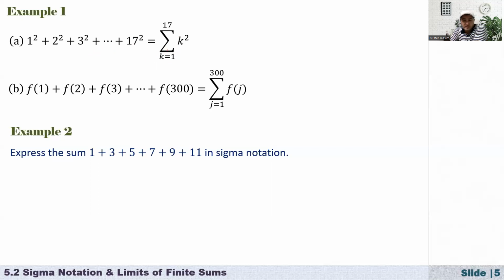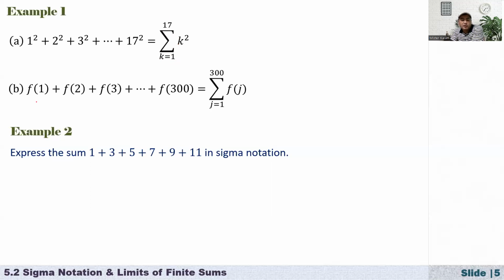It doesn't have to be positive integers, but if it starts with 1, that means that k takes on the values from 1 to 17. So the sum of k squared, k from 1 to 17, is one compact way of representing this sum. If k is equal to 1, we have 1 squared, plus k equal to 2, 2 squared, plus 3 squared, plus dot dot dot until 17 squared. So the index k changes from 1 to 17.